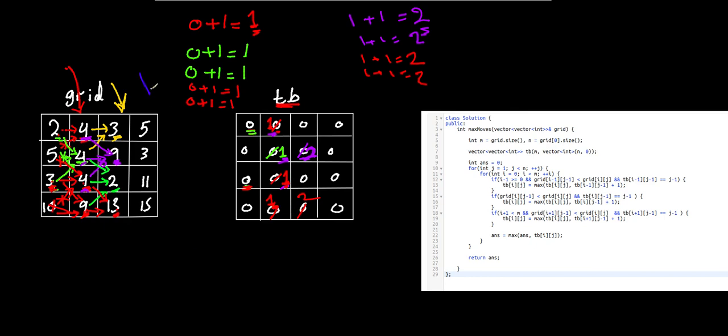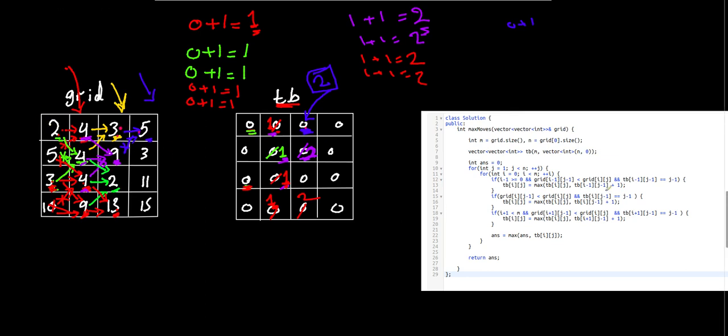Then the last column, first cell is 5. We can reach 5 from this or from this. 9 is greater than 5, so what remains is 3. At 3, the value is 0. Now we cannot just do 0 plus 1, because for this to be a correct path, the value in this table, this is the third column, 1, 2, 3, so this value should equal 2 to be a valid move from 3 to 5, because we cannot just start from the third column, we need to start from the first column.